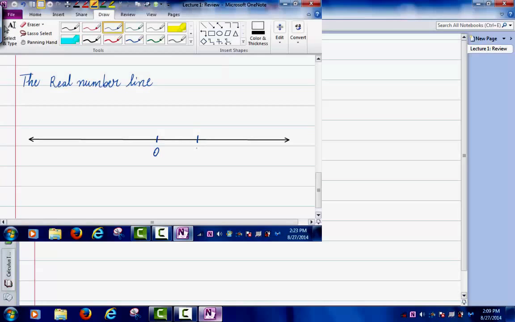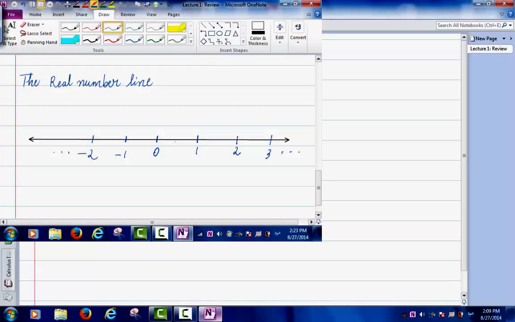So the number 1 would be represented by this point. The number 2 will be represented by this point here. The number 3 will be represented by this point. Negative integers will be on the other side of 0, and so on. And which point will represent half?